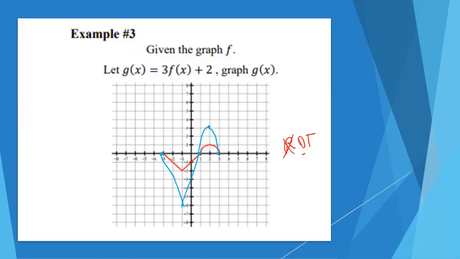And now, because it's +2, we want to do the translation and move each point up 2 units. Let's see here. And now I'm going to erase this blue line. We don't need it. And just connect these.